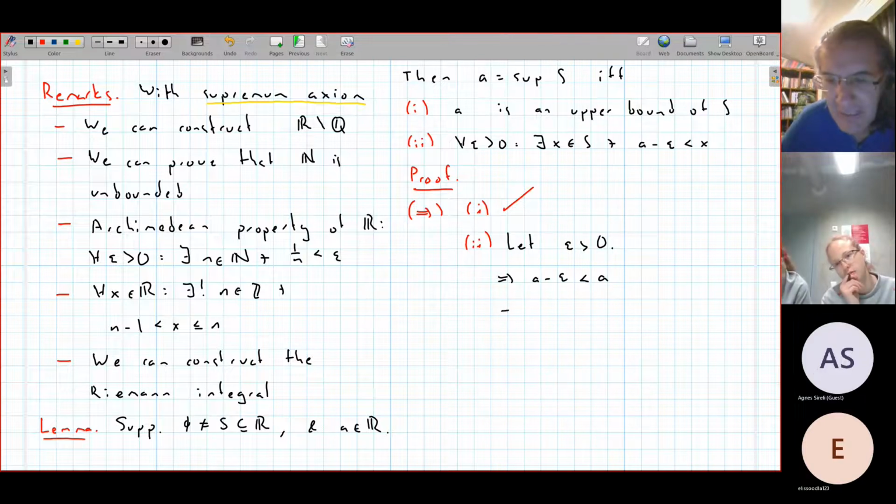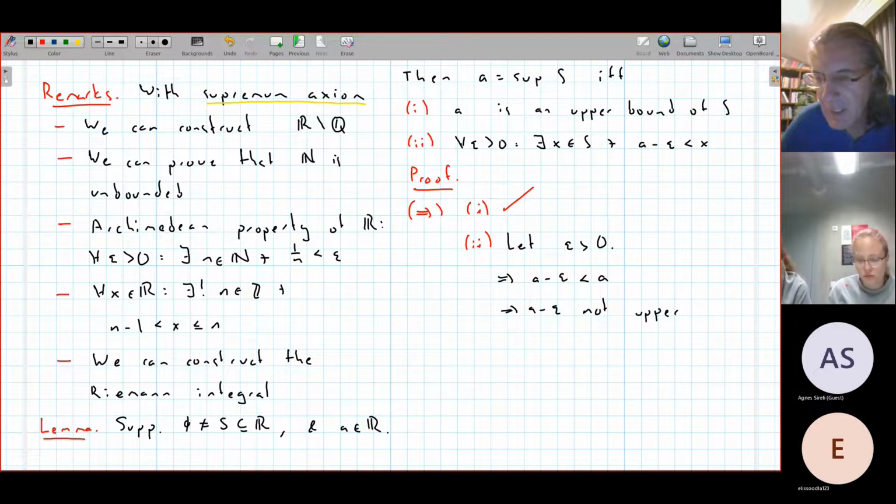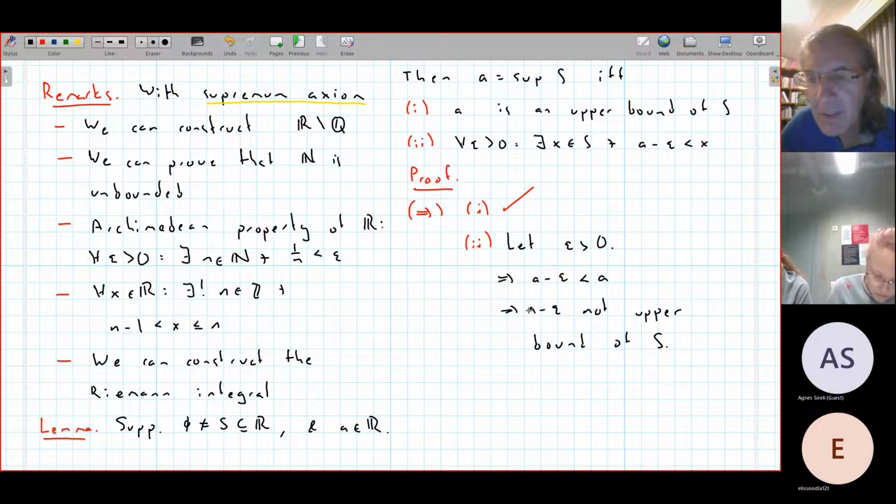So this implies that A minus epsilon is not an upper bound of S. And since it's not an upper bound of S, we negate the definition of being an upper bound.